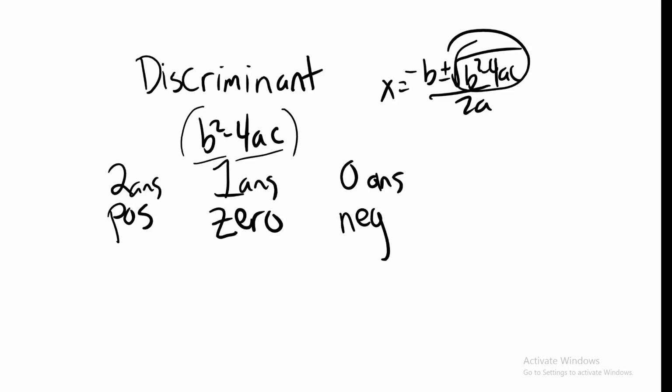And all you're going to have to do is plug in b squared minus 4ac in the question. The coefficient of x is b, and the coefficient of x squared and the number at the end are a and c. And you're going to see if they're positive, negative, or 0. So let's try some examples. Essentially, these are like short quadratic formula questions.